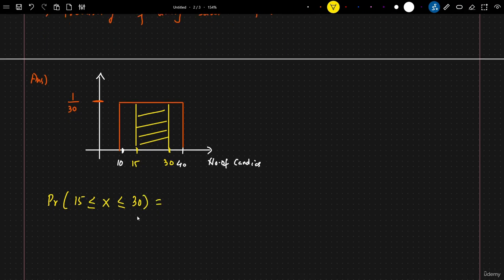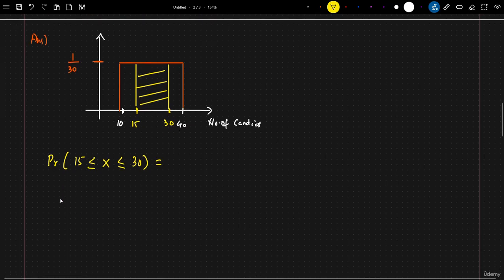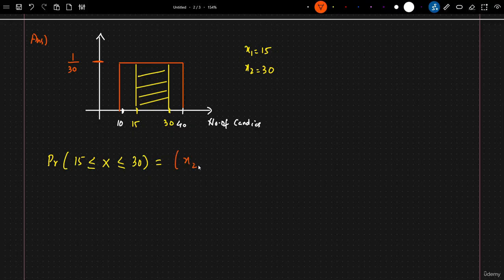In order to calculate this probability, first of all, we will define two variables. X1 is nothing but 15, and X2 is nothing but 30. We will take the difference x2 minus x1, then multiply by the probability density we get over here, 1 divided by (b minus a).